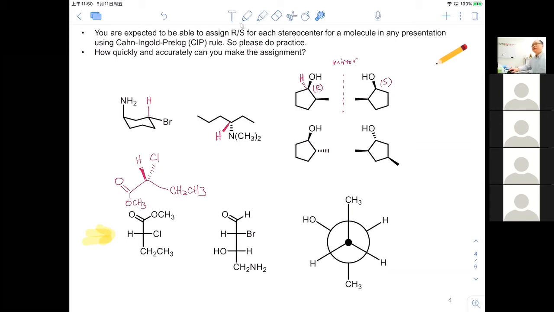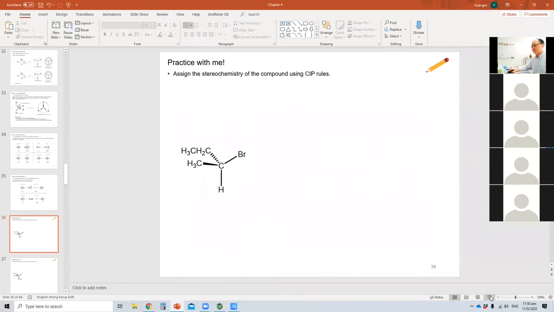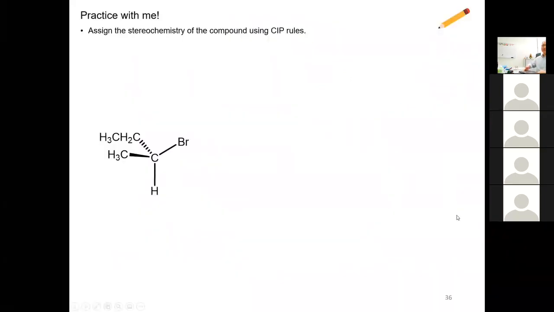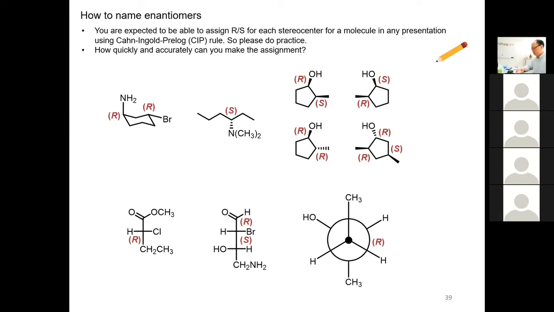Okay, so that's so much for the practice, and we should move on with the lecture. So this one we're done. Don't forget to practice on these molecules.